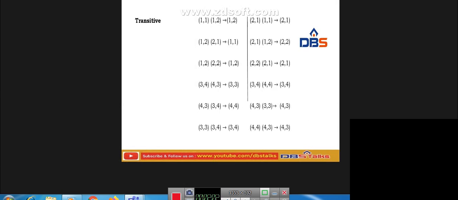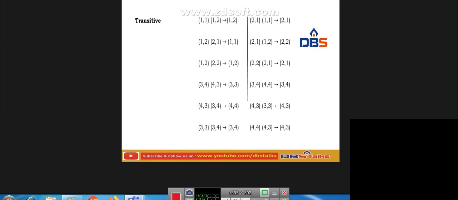Then transitive. We check all the combinations of (x, y), (y, z), which imply (x, z).